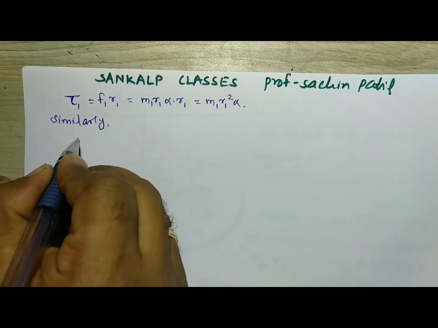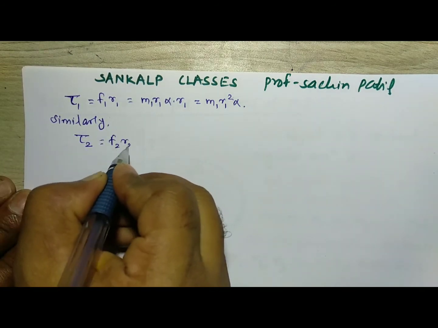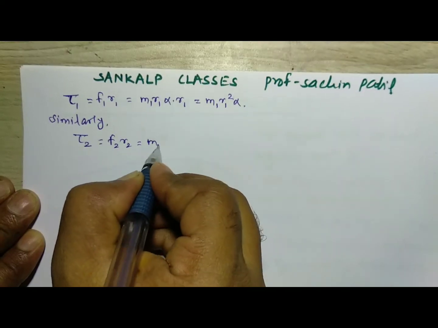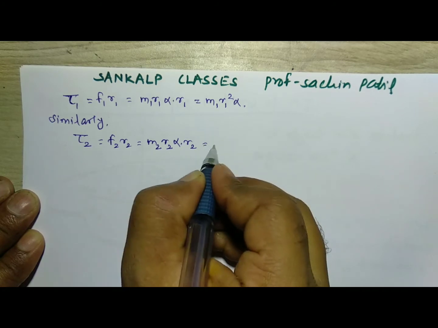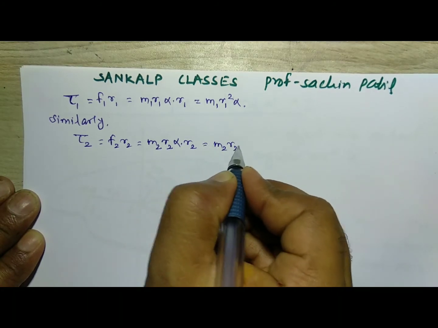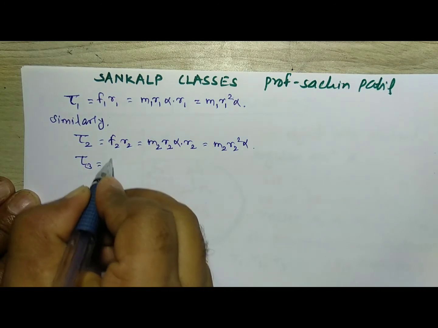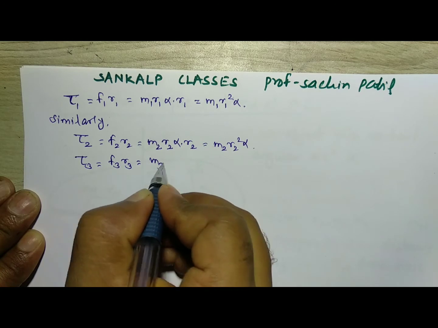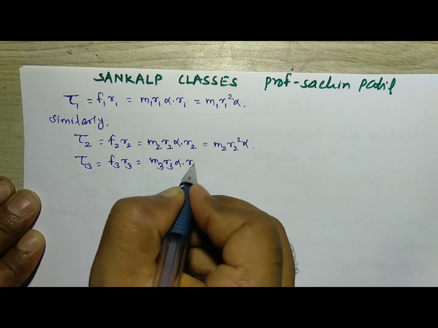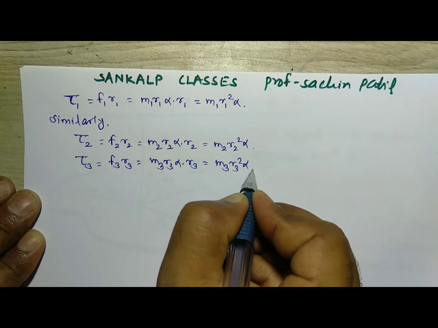for each particle, tau 2 is equal to F2 r2, and F2 is equal to m2 r2 alpha into r2, and you will get m2 r2 square alpha. Tau 3 is equal to F3 r3, equal to m3 r3 alpha into r3, so m3 r3 square alpha.